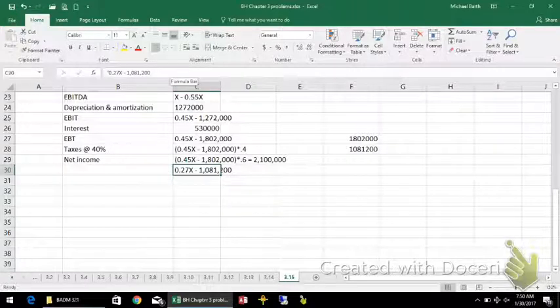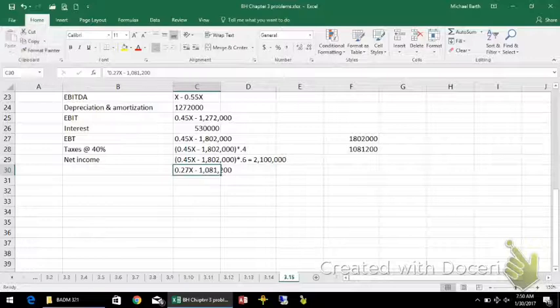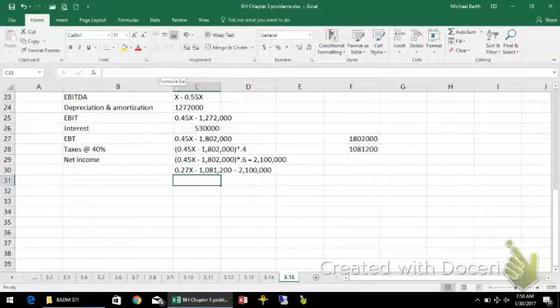If I set this equal to $2,100,000, then it's just an algebra problem.